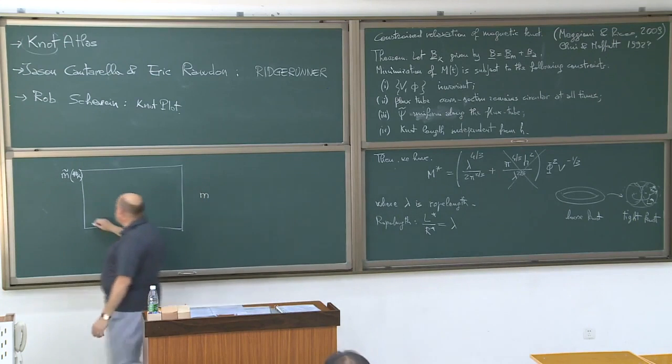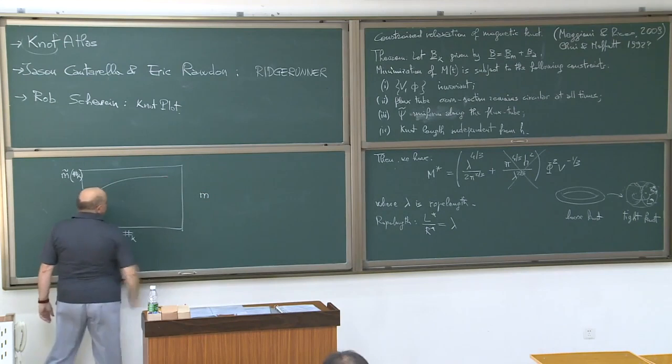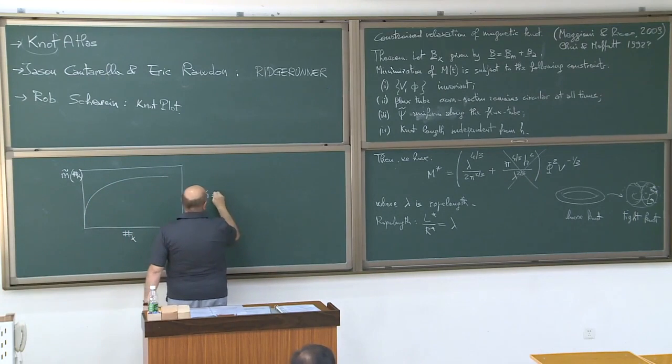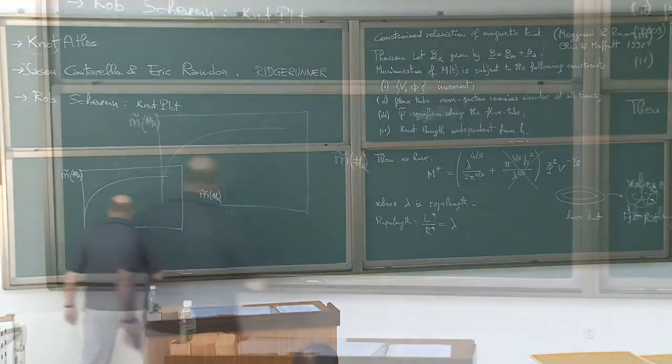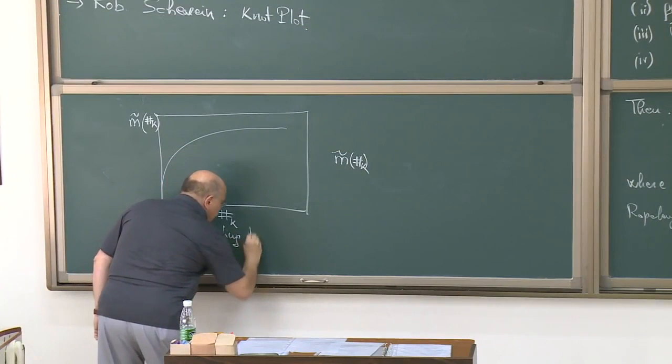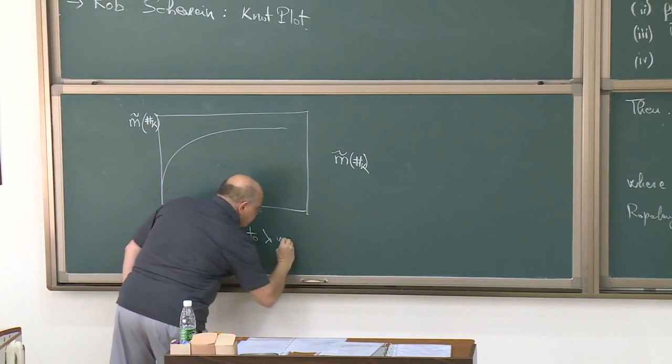And the diagram you get is something like this. This curve obeys this law. These are ordered according to rope length, according to lambda value.